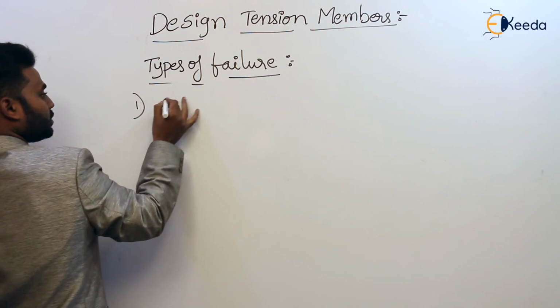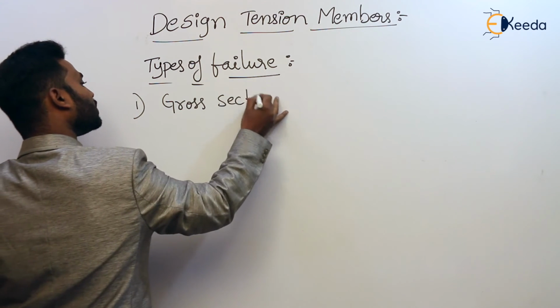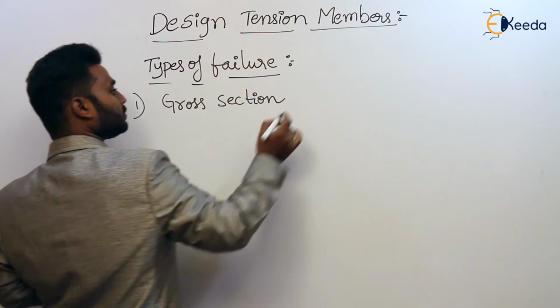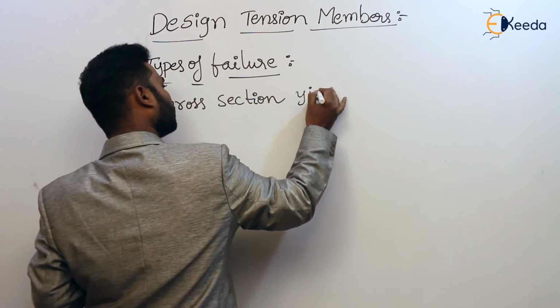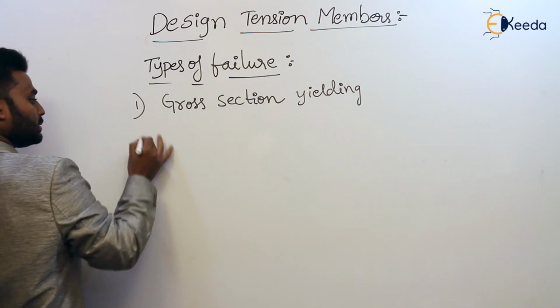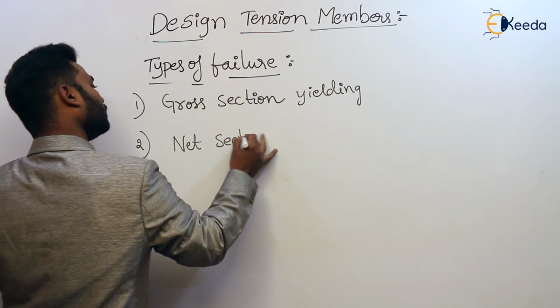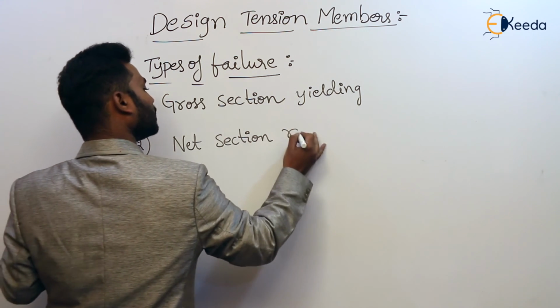First, cross section yielding. Second, net section rupture.